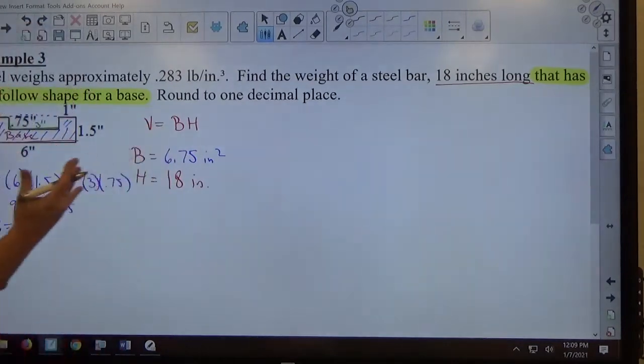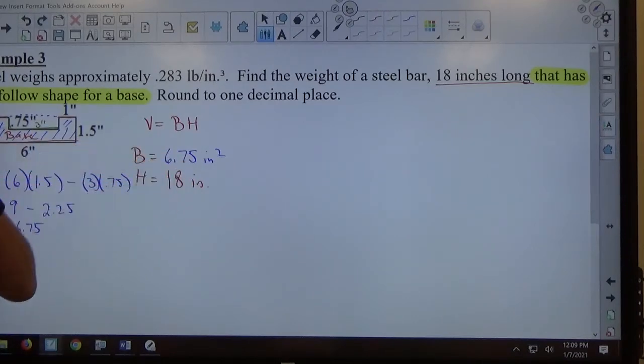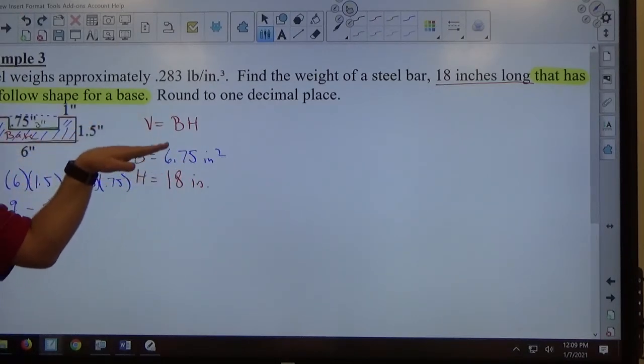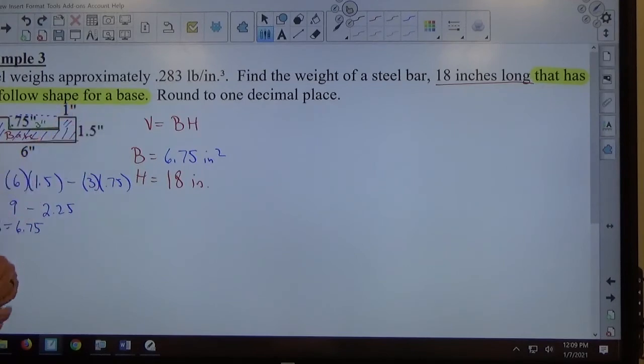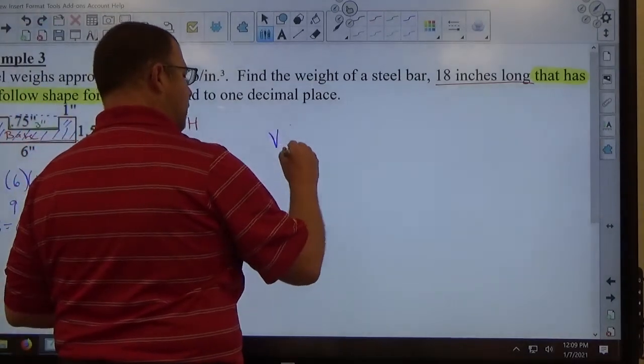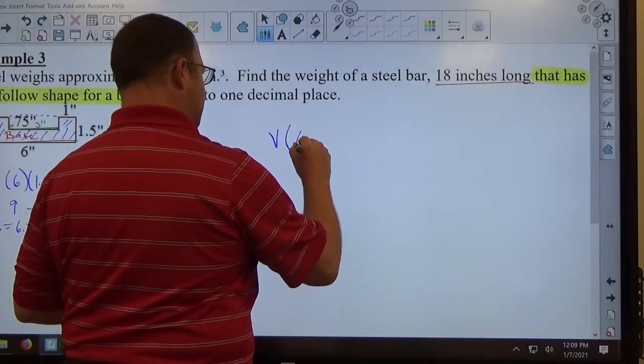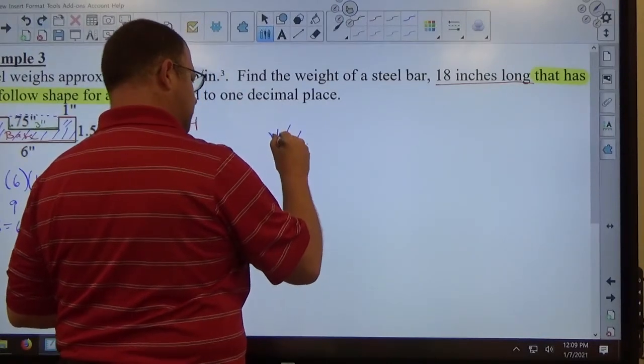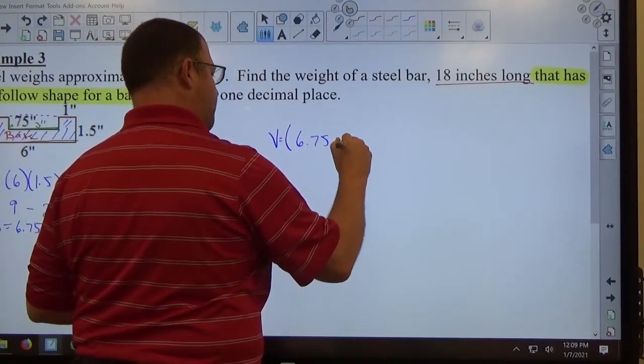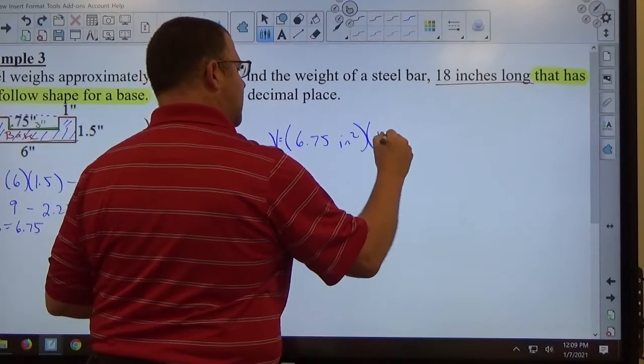I'm going to be applying these new formulas I just mentioned a moment ago. This one being one of those, volume equals area base times height. I want to find the area of the base and the height. Once I find both of those measurements, then I simply apply the formula. So the volume of this steel bar is going to be 6.75 square inches times 18 inches.